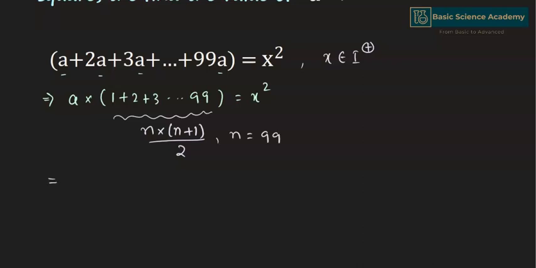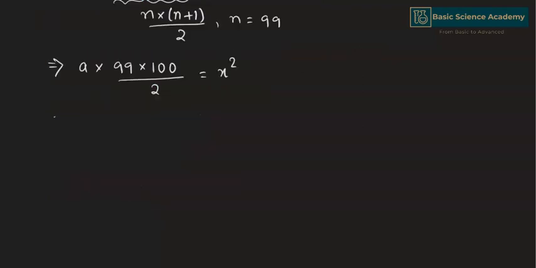Hence, this gives a multiplied by 99 multiplied by 100 divided by 2 equals x square. This gives a multiplied by 99 multiplied by 50 equals x square.